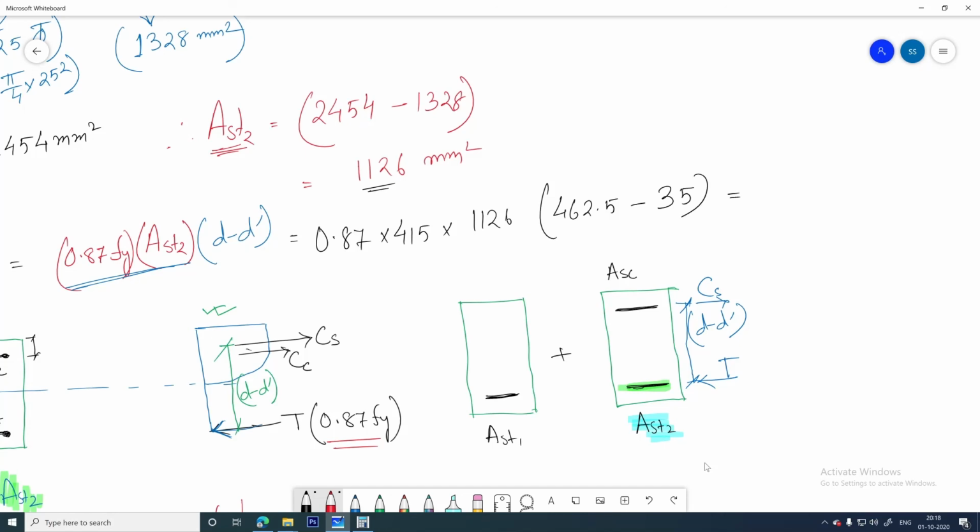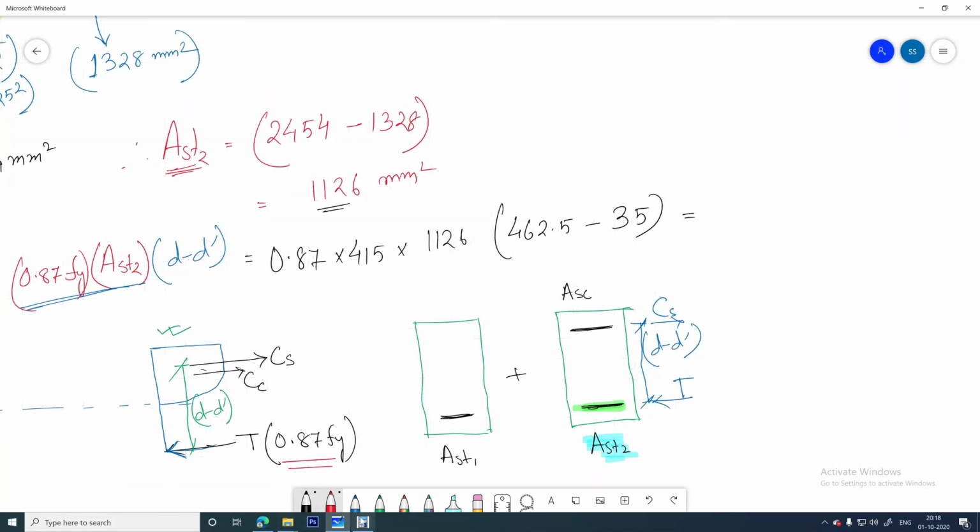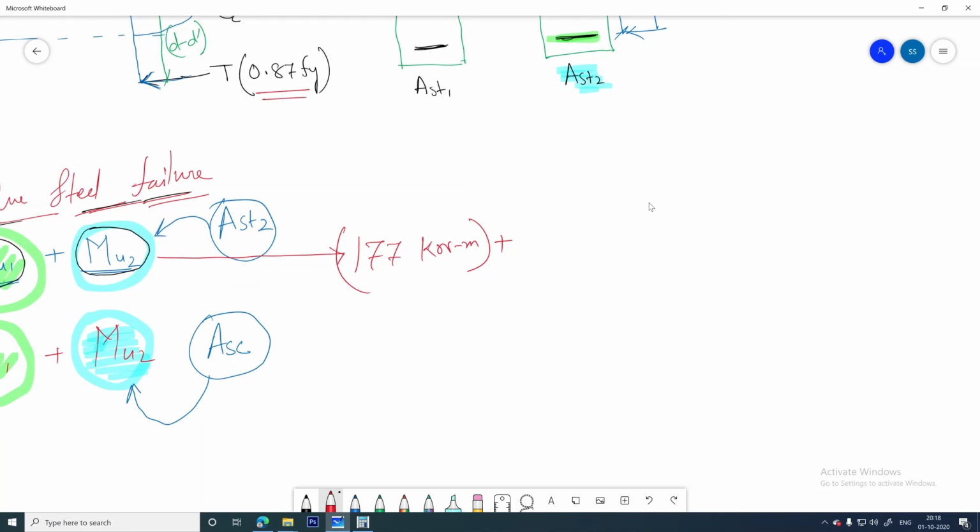Now if you solve this, you will get the Mu2, right? This is Mu2, yes. So what will be the solution for this equation? It should be coming around 173. Yes, you just cross check. 173 kilonewton meter. Okay. Now Mu2 is actually having the value of 173 kilonewton meter.